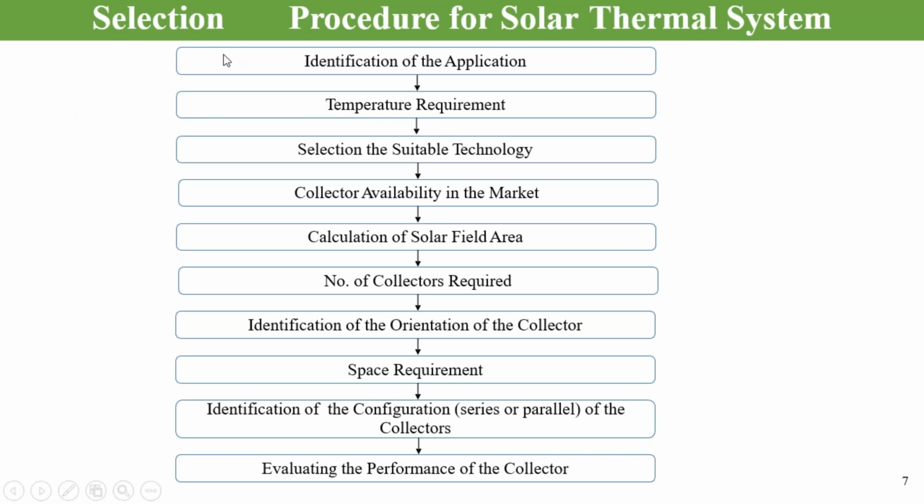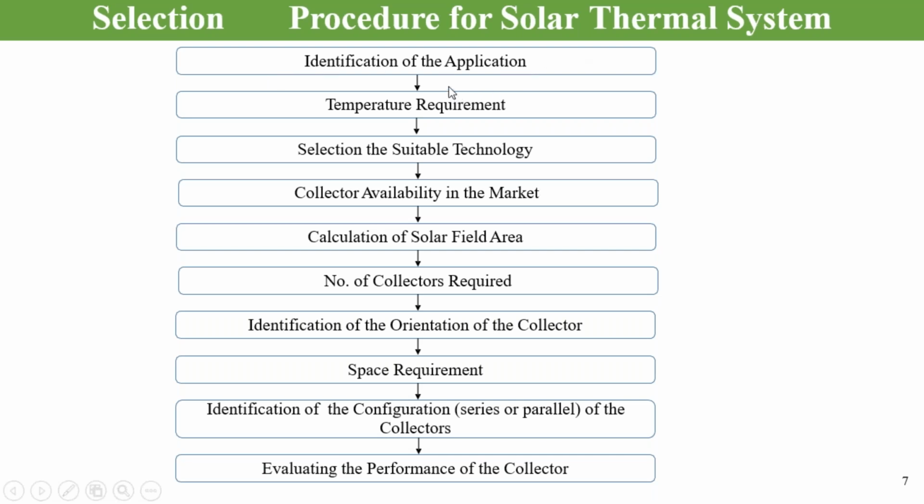First of all, we must have a need. What is the need? We have to identify the application: for which type of purpose are we using this? So the first step is the identification of the application.